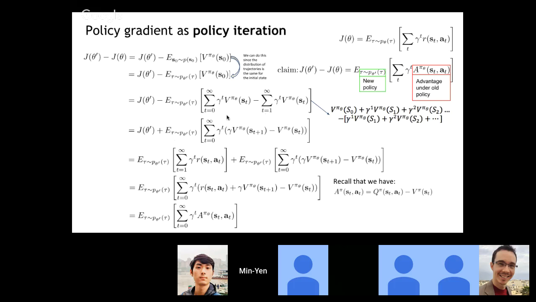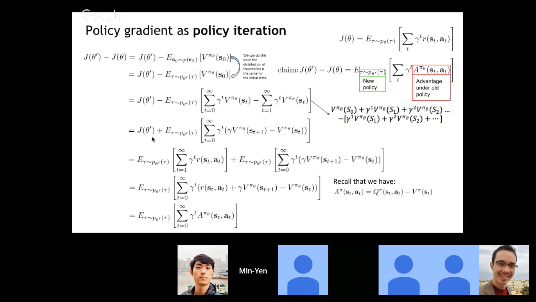So if I just increase this t representation to t plus 1, we actually get the same summation, right? From t equals 0 to infinity. And then we just add an extra gamma, and we can simplify this algebraic expression to be gamma to the power t multiplied by the next step's reward minus the value of the current state at time t. Okay?